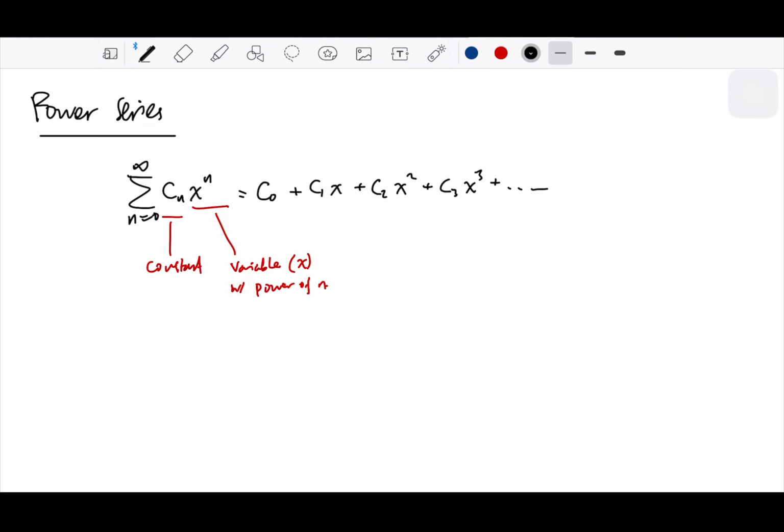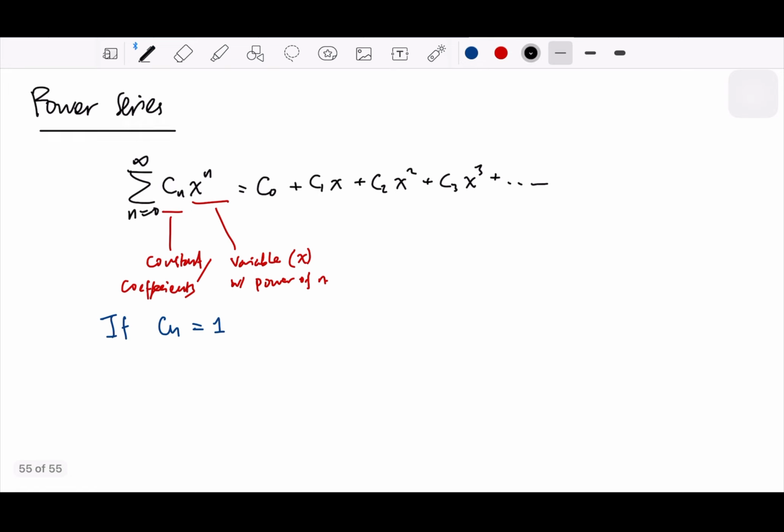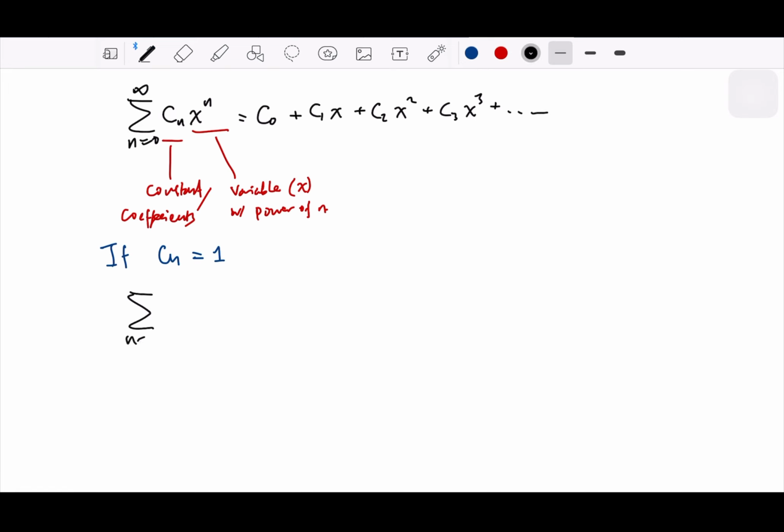This is the constant, or we can also call this the coefficients. Now if our coefficient is just 1, we can take the series as just x to the power of n.